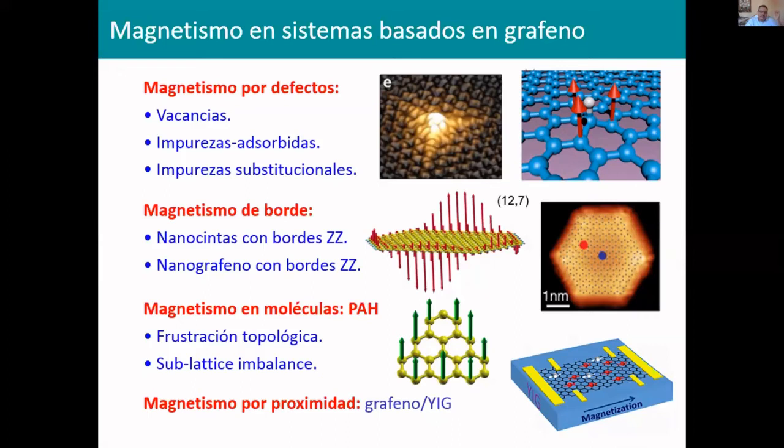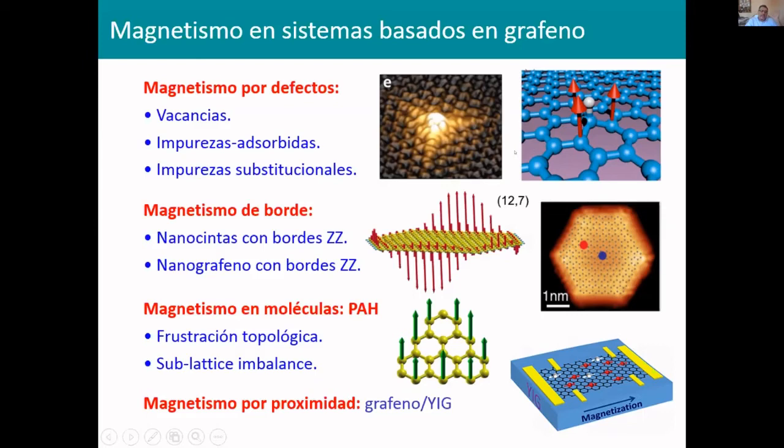In this case, the graphene layer, a single layer of graphene, is on top of a mineral. This is an yttrium iron mineral, and the current in this layer is spin polarized. So as we can see, we have a very large menu of options to induce magnetism in graphene.